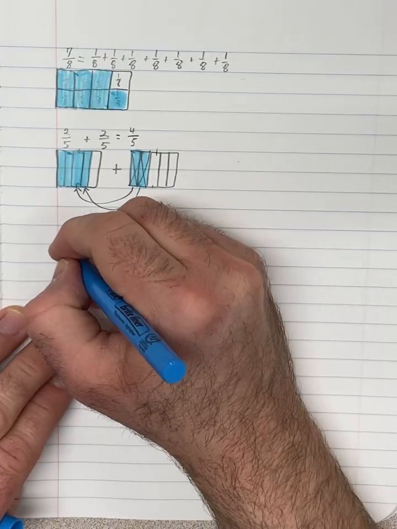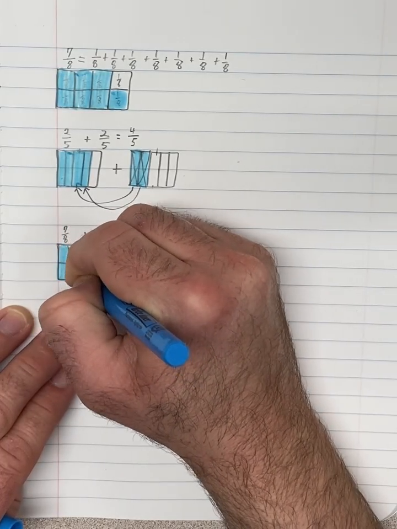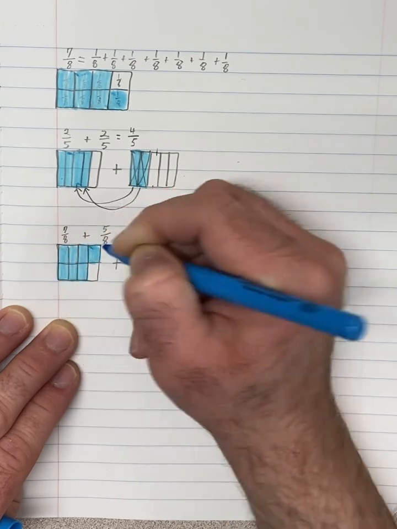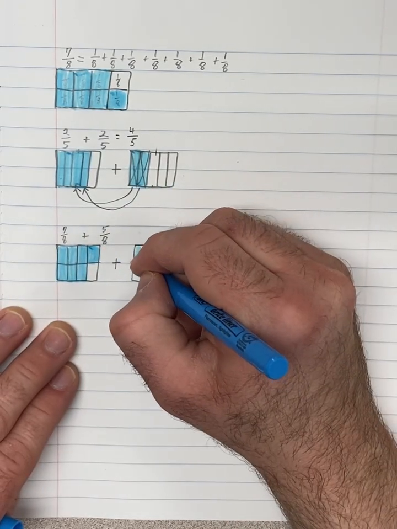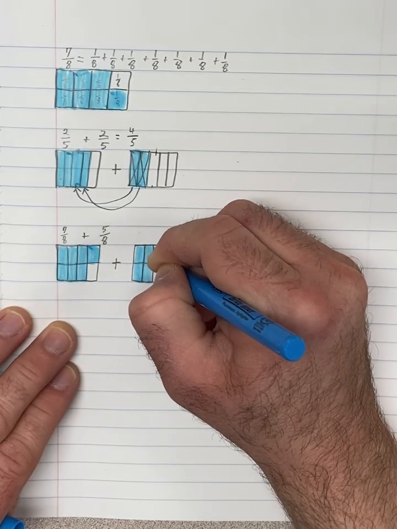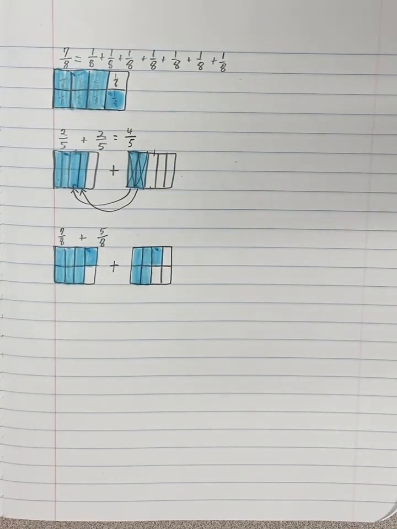In the first model, I'm going to shade 7 of the 8 parts blue. In the second model, I'm going to shade 5 of the 8 parts blue.